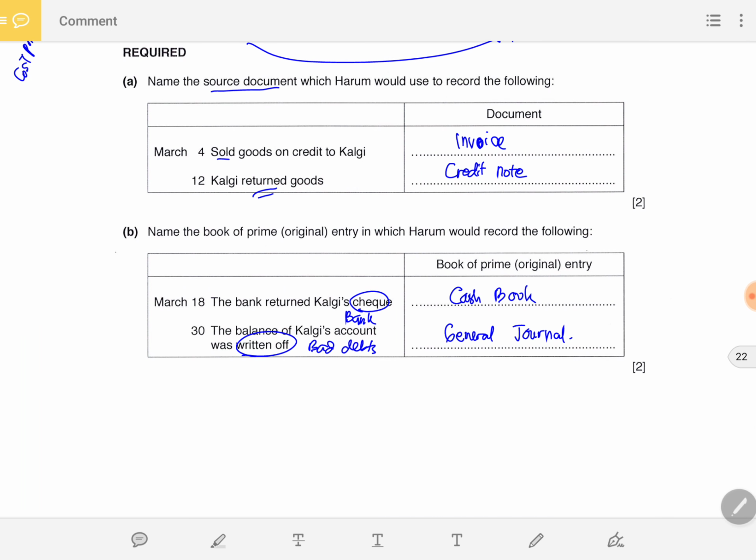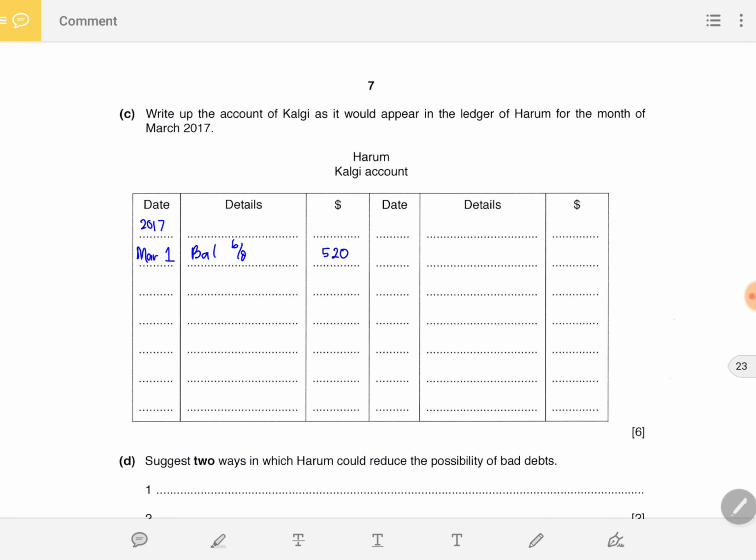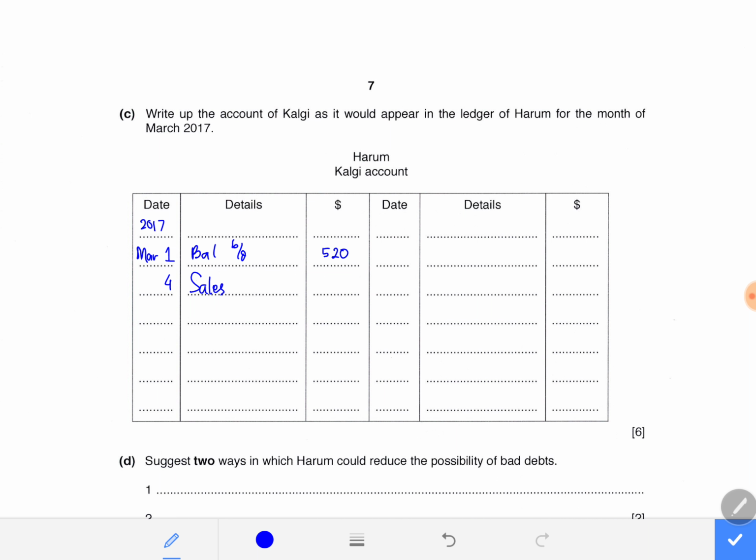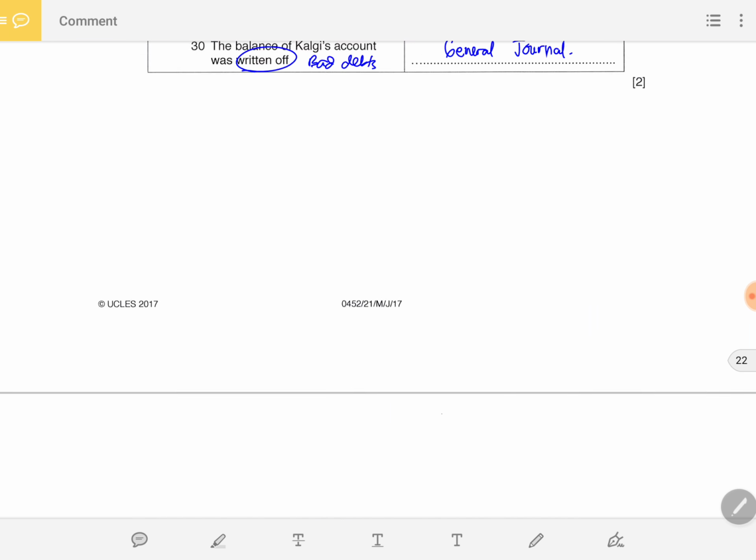You must record it here. Sales will increase in Kalgi's account, so sales on credit will increase on the debit side. Then you put March 4, the details is sales, and the amount is 224.